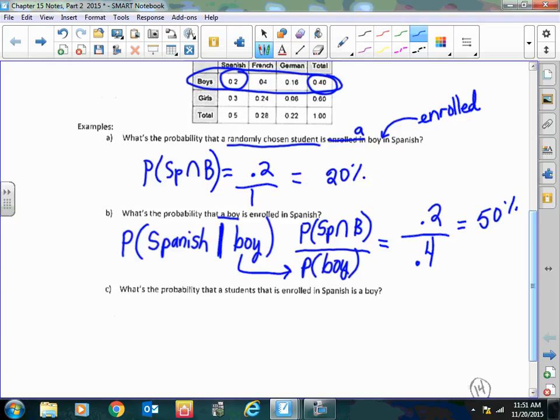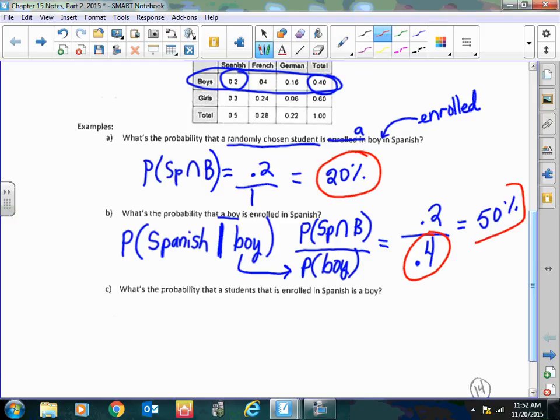Okay, so let me say that one more time. If I pull from everybody, if I have everybody in my big bag, there's a 20% chance I get a Spanish boy, a boy that's enrolled in Spanish. Okay? But on part B, if I have now made my bag smaller to where it only contains boys, so now just out of the boys, what portion of those are the Spanish?